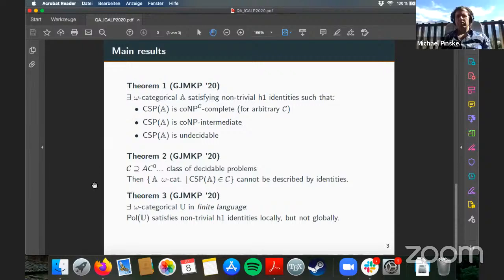Can you hear me? Yes. Okay. Yeah, I think your answer was the right answer. We see that nothing can be described by identities within the whole class of ω-categorical structures. It also shows that there's a general problem with the class of ω-categorical structures, namely that you can encode any infinite signature structure into a finite signature structure while preserving the most important algebraic properties, symmetry properties, and so on.